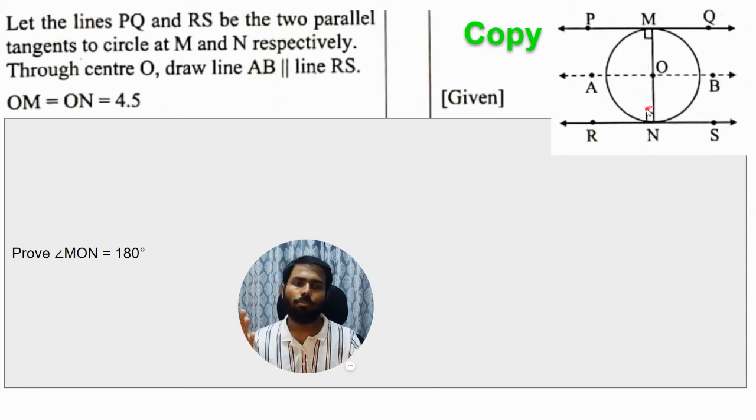You will just add 4.5 plus 4.5 and that will be your answer. Now how do you prove angle MON is equal to 180 degrees? That's a challenging question. So pay complete attention, focus completely to see how we are doing that.